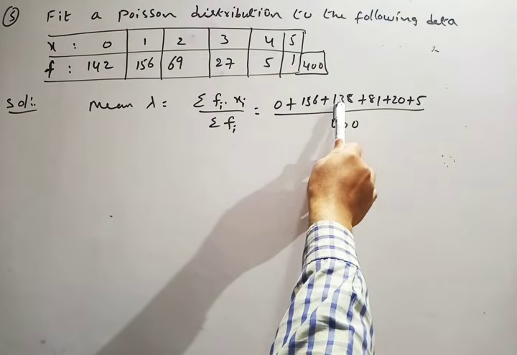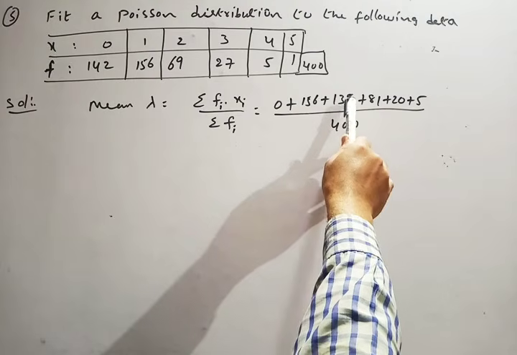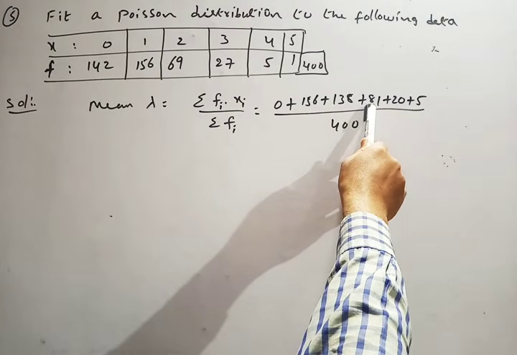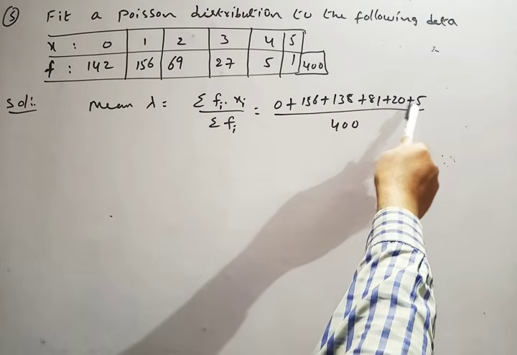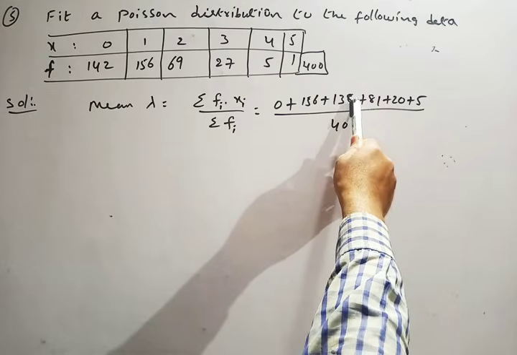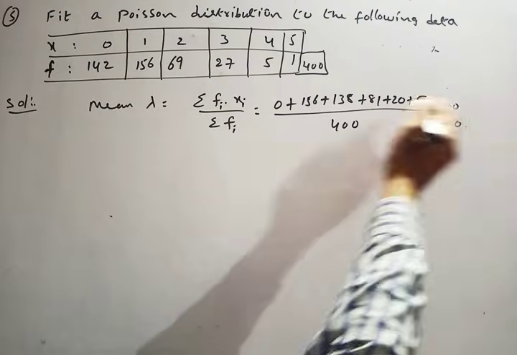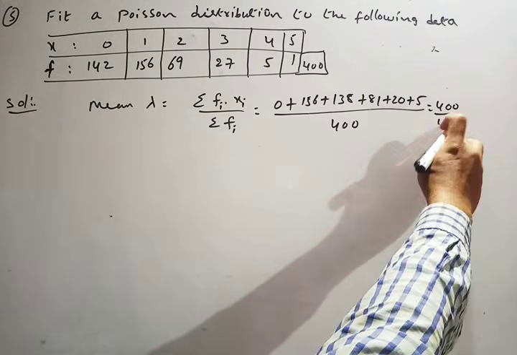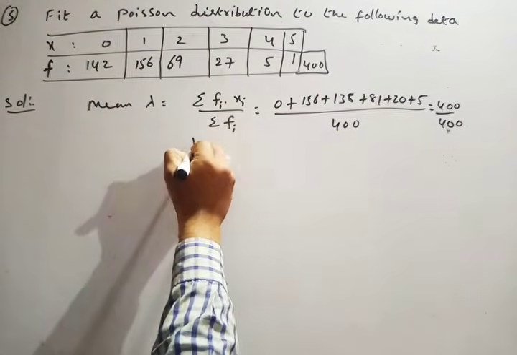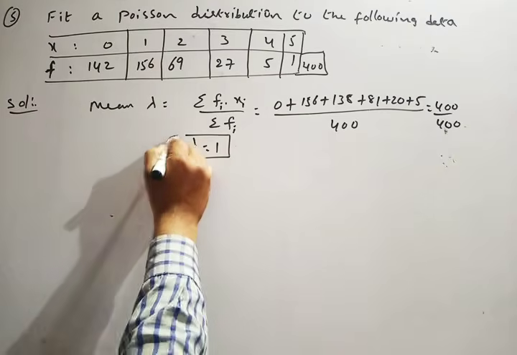So 156 gives 280, 360, 380, 386, 94, 100, that means 400. So 400 by 400, which is 1.